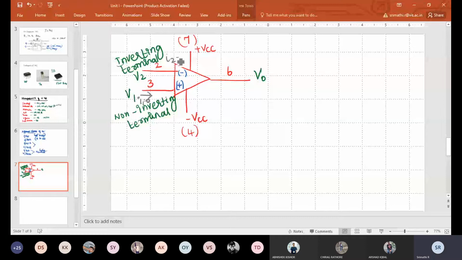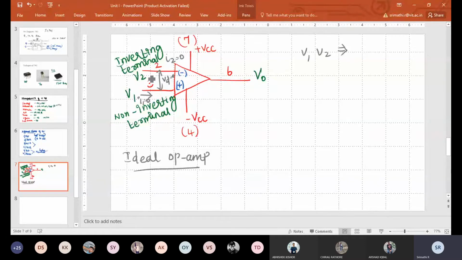So this is the ideal op-amp. The characteristics of the ideal op-amp is what we are going to discuss. As I said already, you have a phase shift between the negative input and the output, and you don't have a phase shift between pins 3 and 6. V1 and V2 are the inputs of the op-amp.